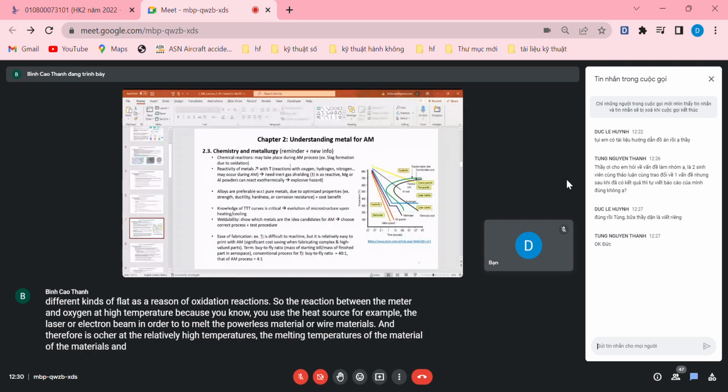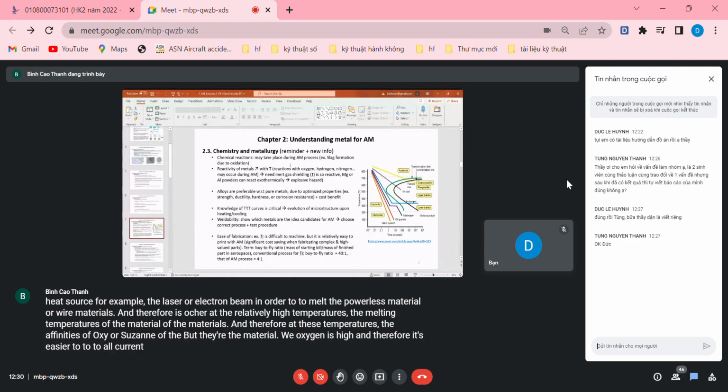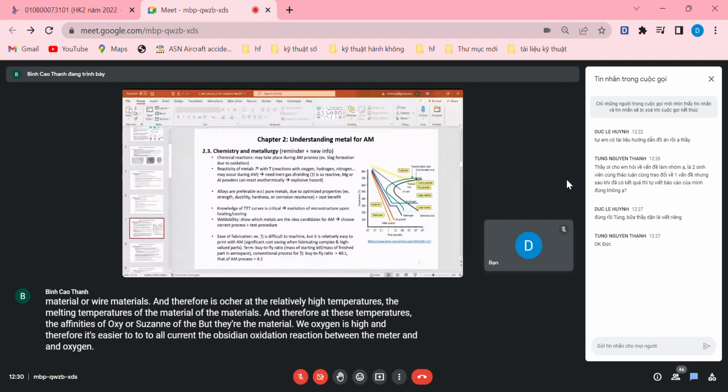At these temperatures, the affinity of the material for oxygen is high, and therefore the oxidation reaction between the metal and the oxygen, forming slag, occurs more easily. So it should be prevented.